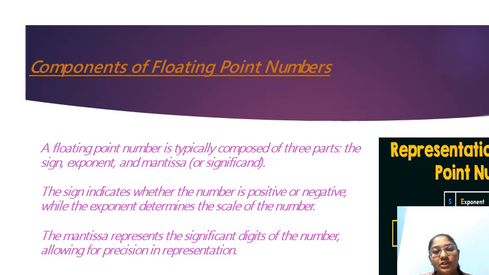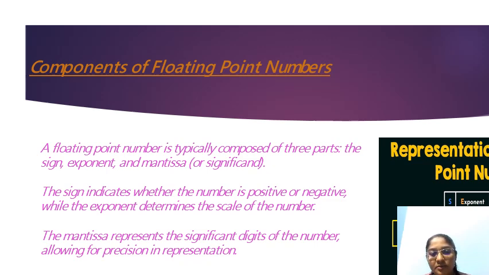Components of floating point numbers. The components of floating point representation are sign, exponent, and fraction. A floating point number is typically composed of three parts: sign, exponent, and fraction. The sign indicates whether the number is positive or negative, while the exponent determines the scale of the number.